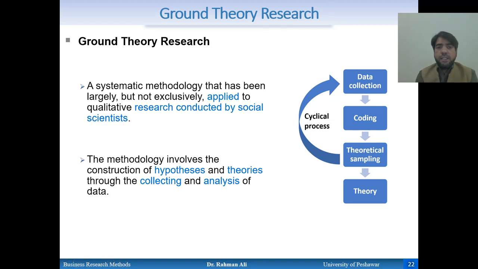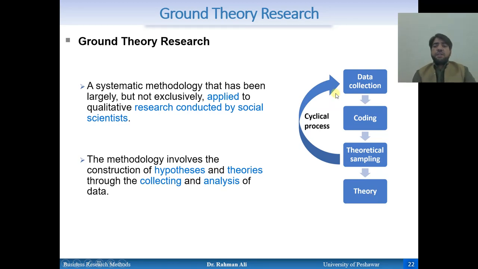There is another research which is called grounded theory research. Grounded theory research is a theoretical and systematic research methodology, in which you start by coming up with a hypothesis, and then from the hypothesis you go on to have some theory. So how can you go from a hypothesis to a theory?